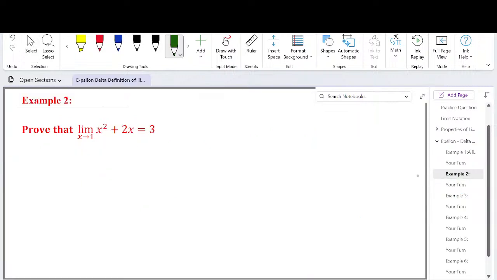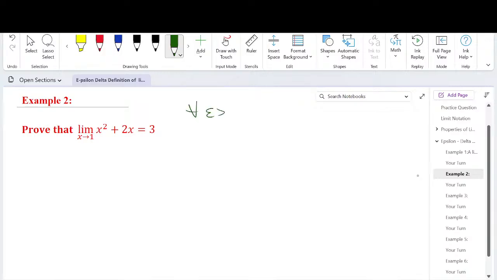Let's go to the next one. It's going to be quadratic now. See the same step. For every epsilon greater than 0, there exists a value of delta greater than 0 such that the closeness to some A is greater than 0 and less than delta.